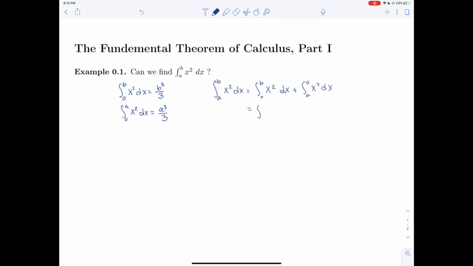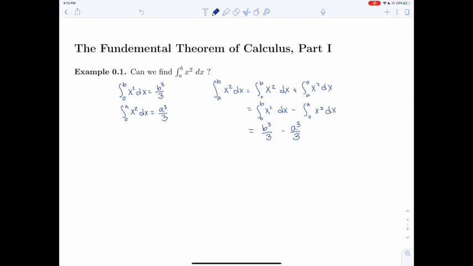And then we can change the limits of integration on the second integral. Right? And when we change the limits of integration, this becomes a minus sign. Okay, and we know what each of these pieces are. We know that this first one is b cubed over 3, and we know that the second one is going to be a cubed over 3.